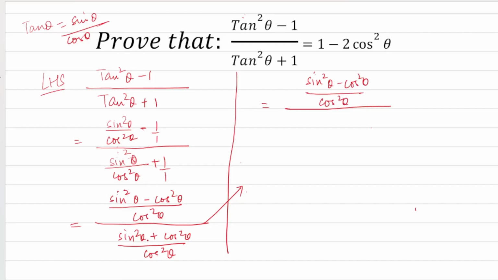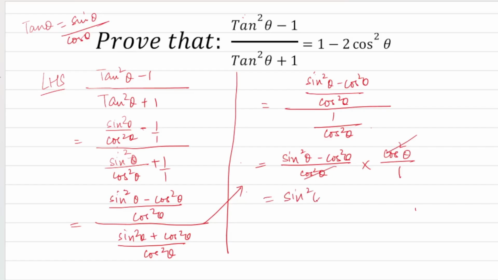But in the denominator, I know that I can write this sine square theta plus cos square theta as 1. So this is 1 over cos square theta. Let's divide this fraction with this fraction by the rule of keep, change, flip. So sine square theta minus cos square theta over cos square theta times, flip the fraction, cos square theta over 1. This got cancelled. I am left with sine square theta minus cos square theta over 1.